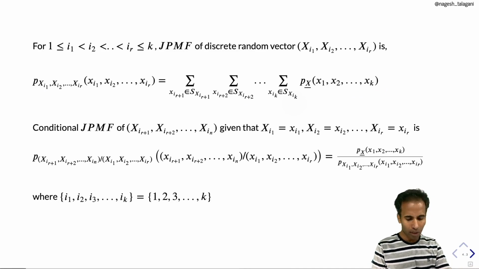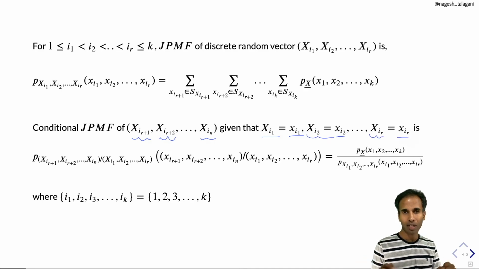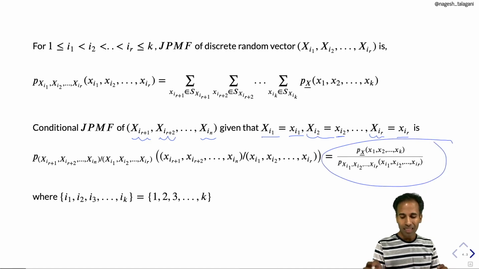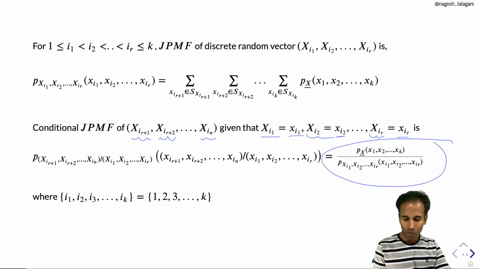Next, the conditional PMF of xir plus 1, xir plus 2, ..., xik, given that xi1 equal to small xi1, xi2 equal to small xi2, and so on, xir equal to small xir, is defined like this. Okay, it is again a generalization of what we did in the bivariate case. The conditional PMF of x given y, how did we define this?